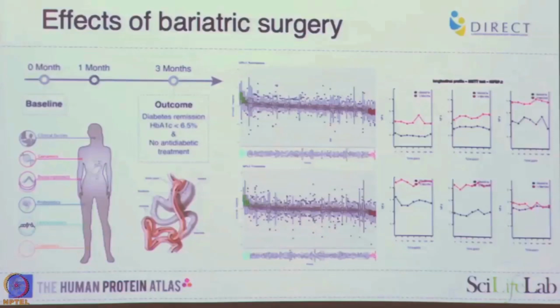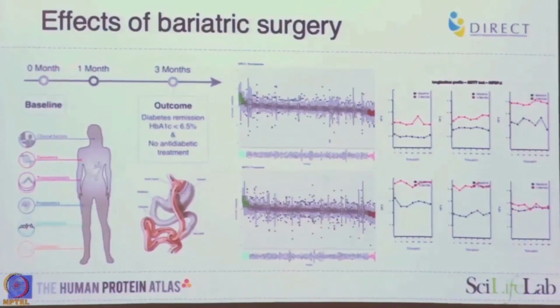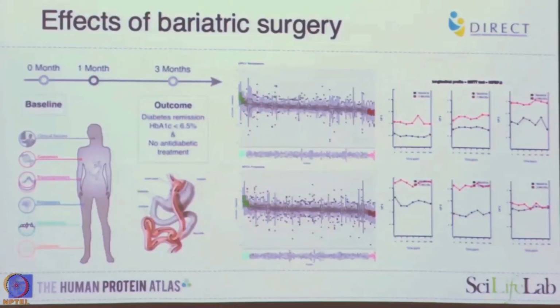Because we have looked at the patients at baseline, as well as following surgery, we actually could see that there are a couple of proteins that are consistently increasing post-surgery, knowing that there's an individual variance.